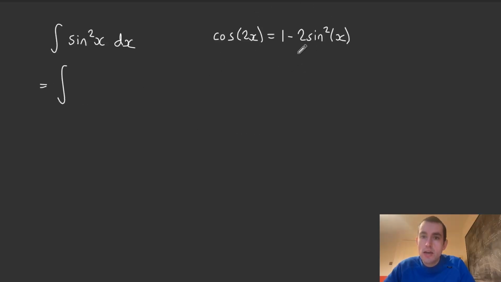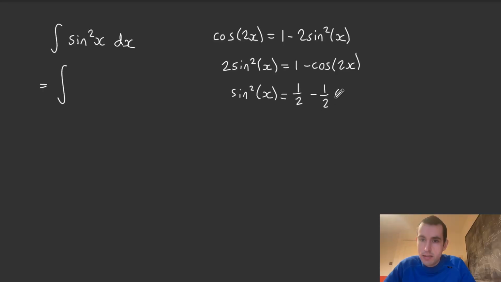The reason is, if we rearrange this, I'm going to add 2 sine squared x on both sides. And then I'm going to divide both sides by 2. Like this. Can you see that this is now nicely integrable? Something that we've seen before at least.